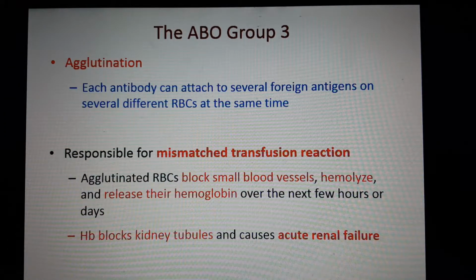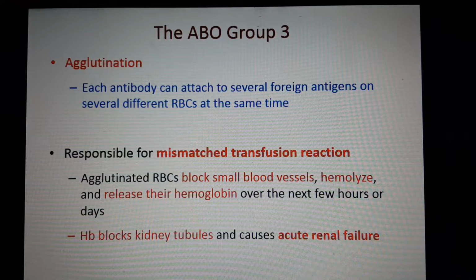So when these clumped red blood cells travel through the body, they eventually will break apart, or hemolyze, therefore releasing their hemoglobin. Once this hemoglobin is released, it will end up blocking those tubules inside your kidneys. Inside your kidneys, these little tubules help to filter your blood.